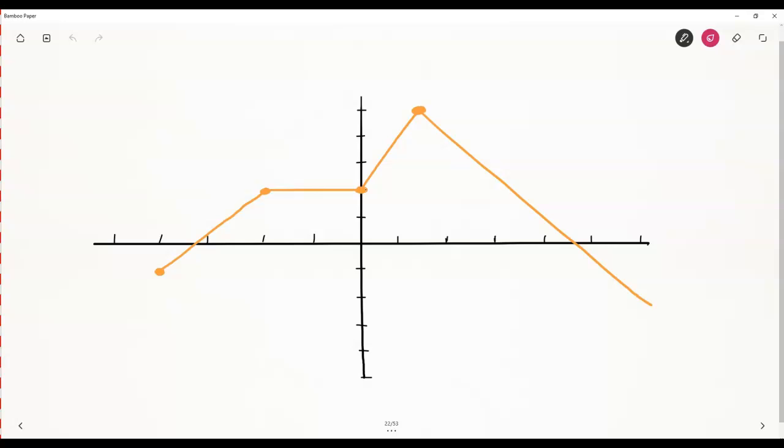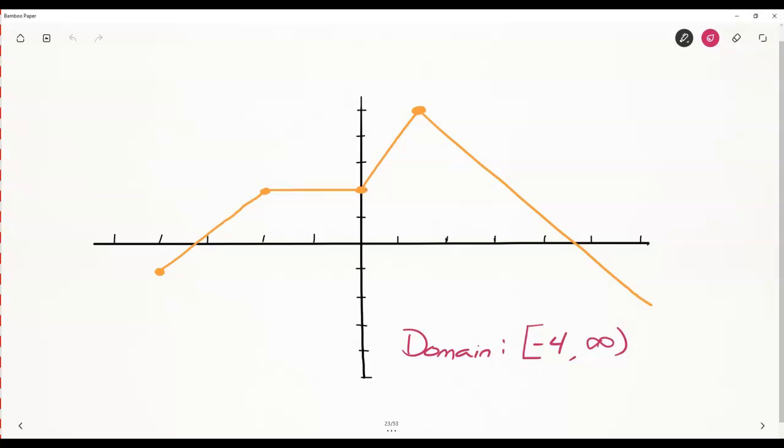So in this problem, the domain, I still have -4 as my left-hand boundary. But now there's no right-hand boundary because it keeps going to the right, to the right, to the right. So the way we say that in this case is that the domain is -4. We just say that this is positive infinity all the way out on the right-hand side.